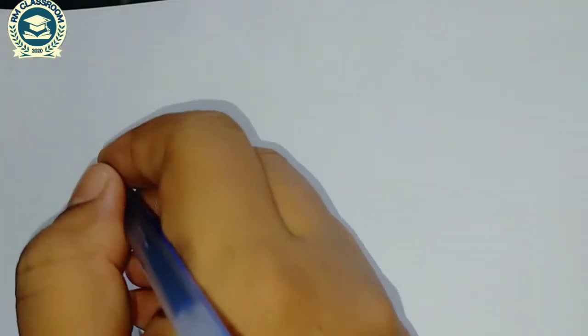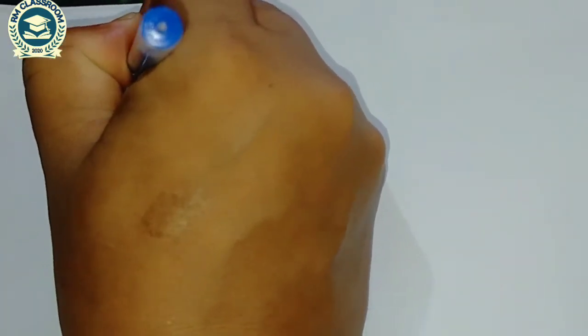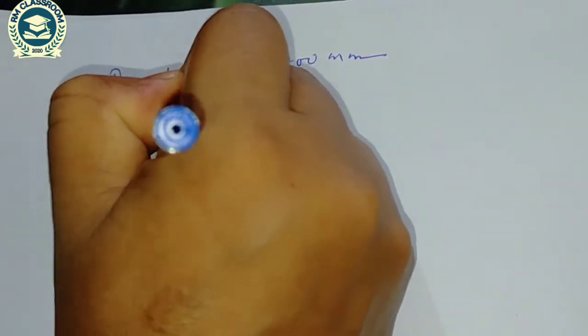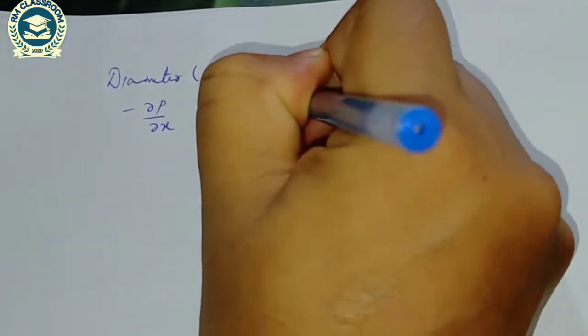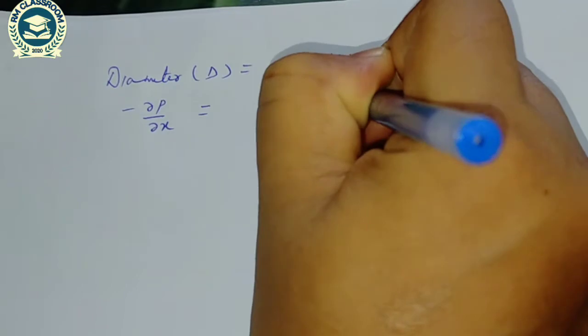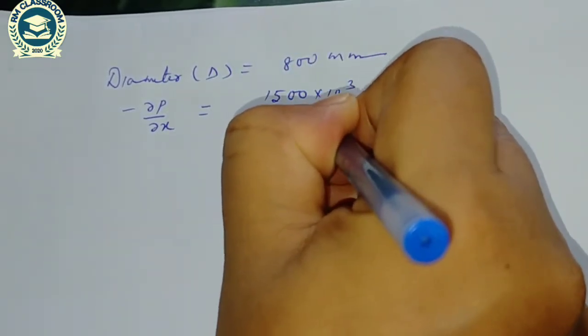Next, the diameter of the pipe is given, equal to 80 mm. Similarly, the pressure drop, minus del P by del X, is equal to 1500 kilonewton per meter square, so 1500 into 10 to the power 3 per 100 meter length.